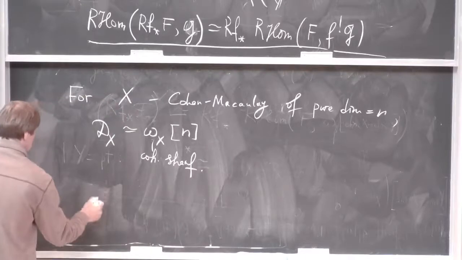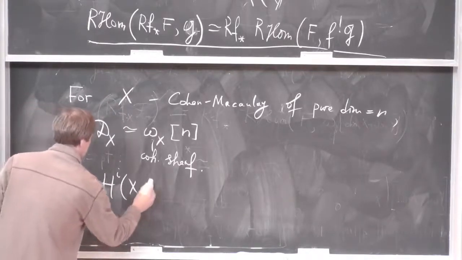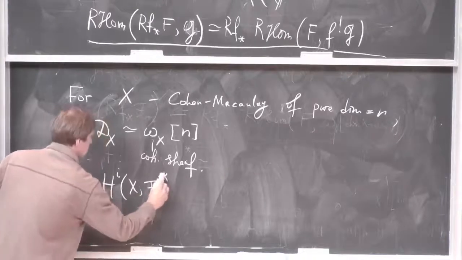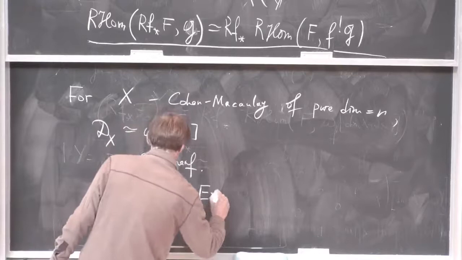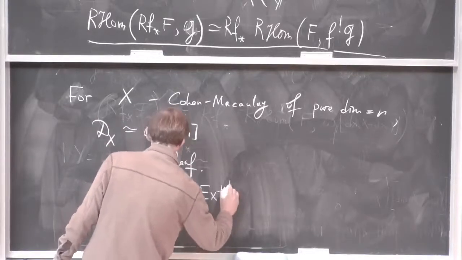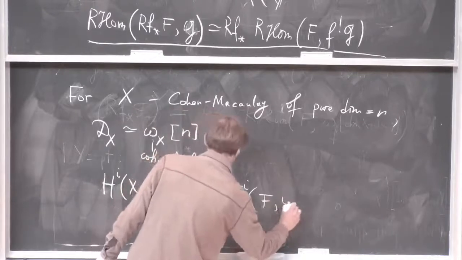And so the Serre duality would look like this: the classical Serre duality says that if you take H^i of F, this is dual to Ext^{n-i} from F to omega_X.